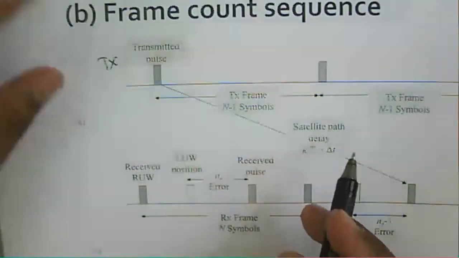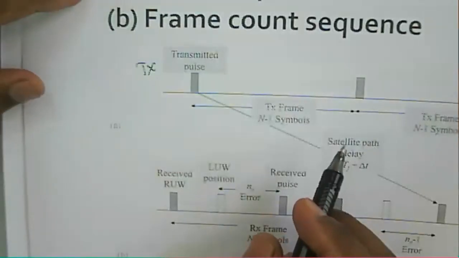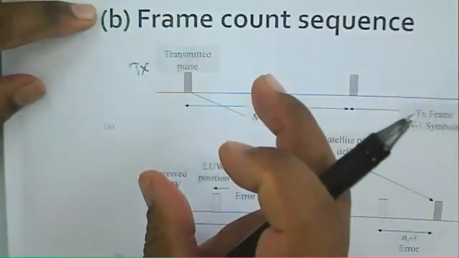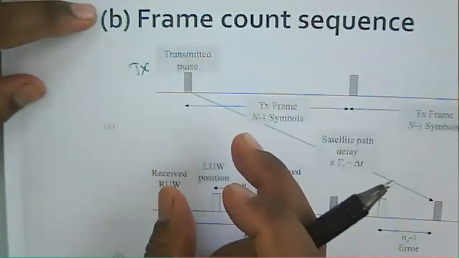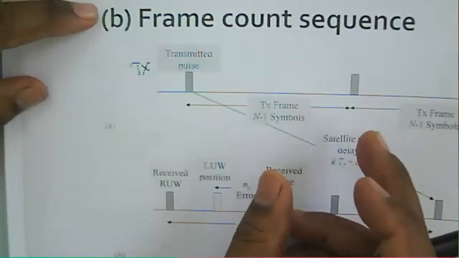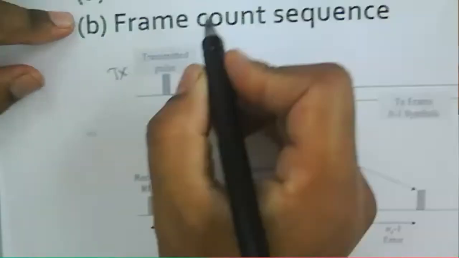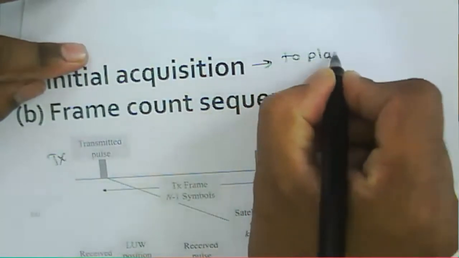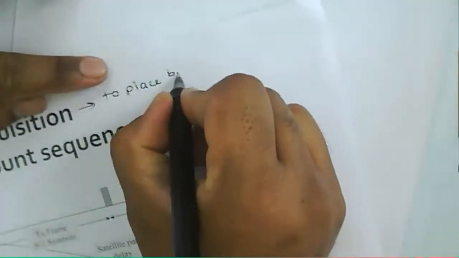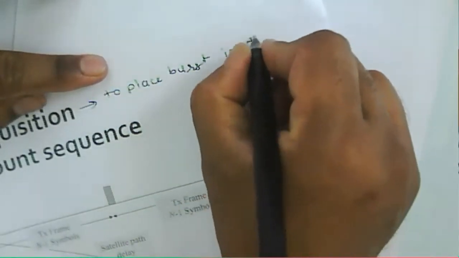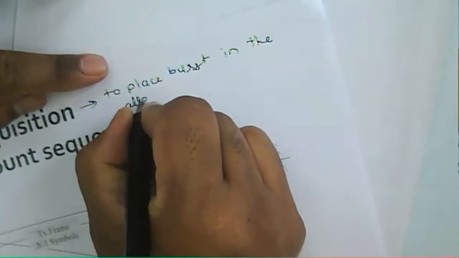Now, why is this initial acquisition process required? The initial acquisition process is required to place the burst in the allocated position.